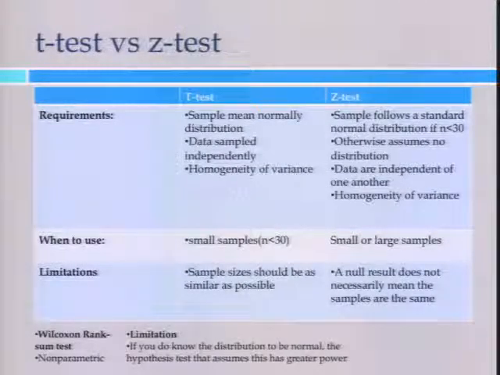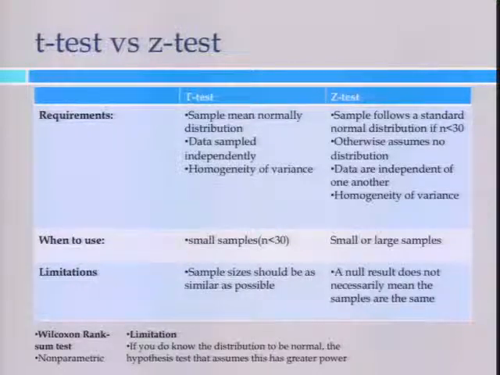So when is it appropriate to use a t-test versus a z-test? Let's look at the t-test first. For our purposes, we'll focus on t-tests that assume the distribution of the sample mean follows a standard normal distribution for the null hypothesis. So it should be noted that there's a difference between the population mean and the sample mean.